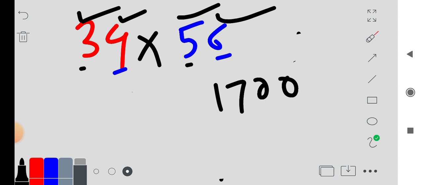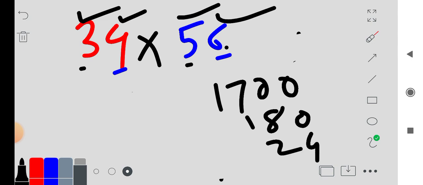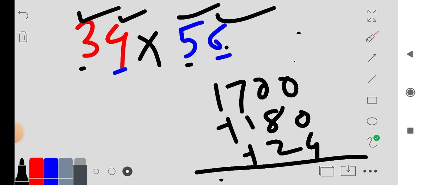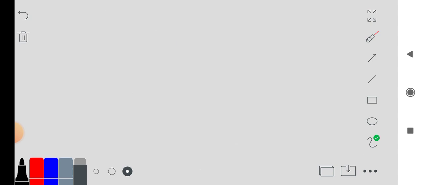Now 34 into 6 is nothing but 30 into 6 is 180, friends, and 6 into 4 is 24. So all it gives mentally 1904. So this is easy, isn't it? So let us take one more example.